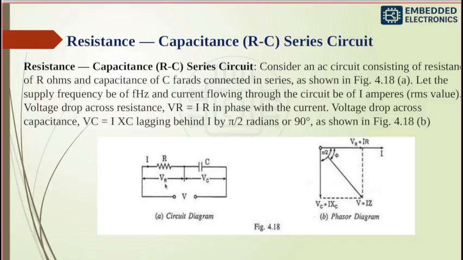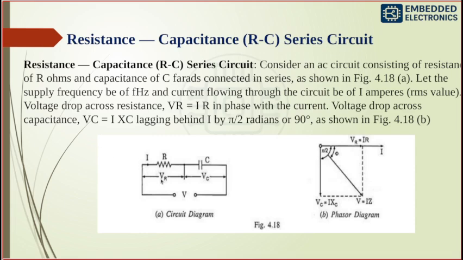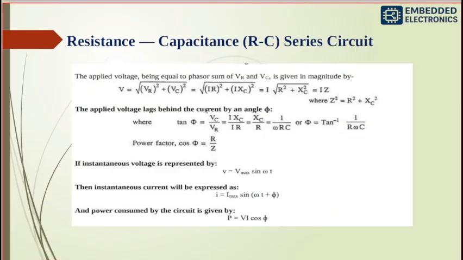For VR, from Ohm's law we know V equals IR. VC is nothing but I XC, lagging behind I by pi by 2 radians or 90 degrees. So the applied voltage V is the magnitude of VR and VC. We can write V equals square root of VR square plus VC square.